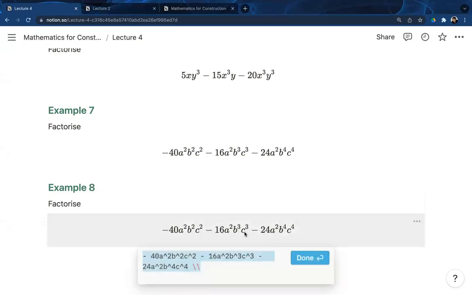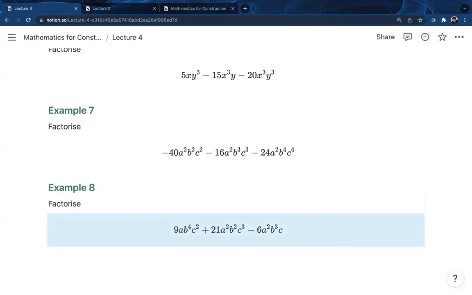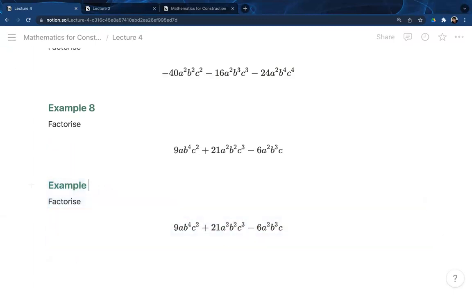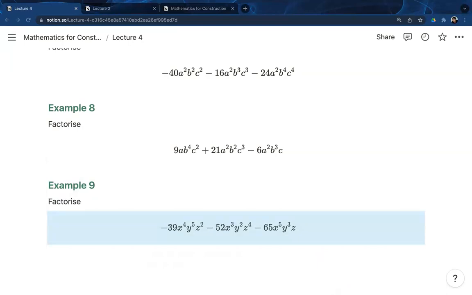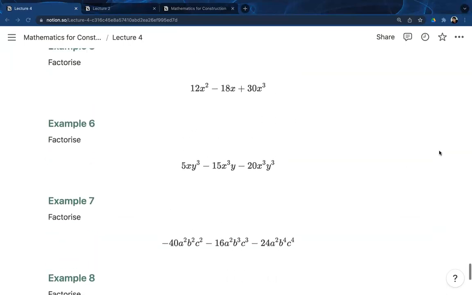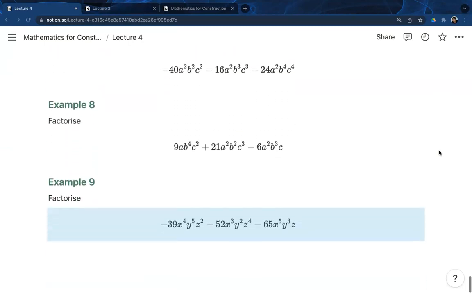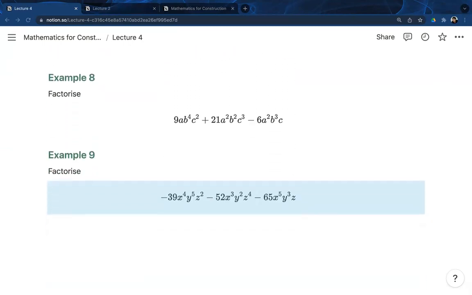So example 8. That's that. Give you an example 9 as well. So I have 5, 6, 7, 8, 9, right?